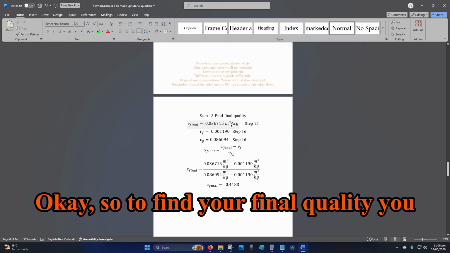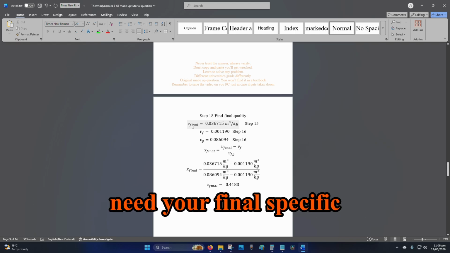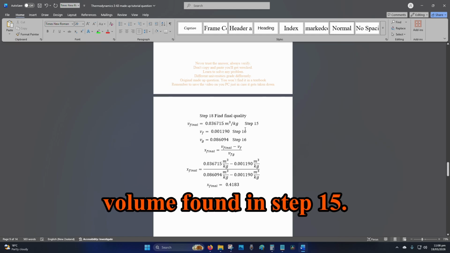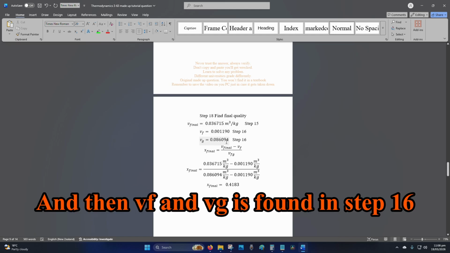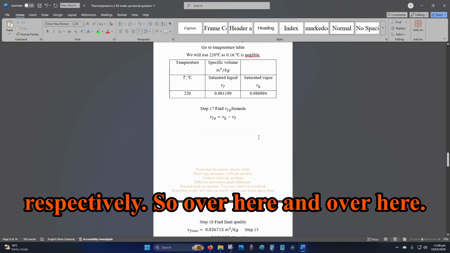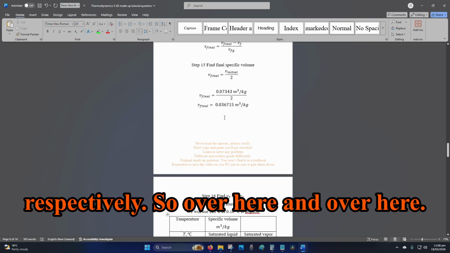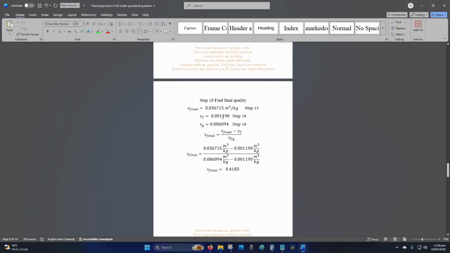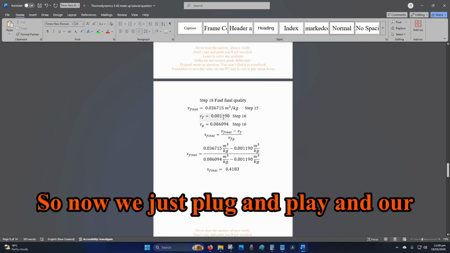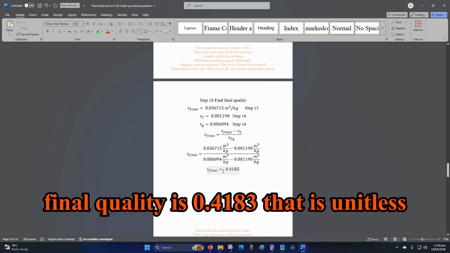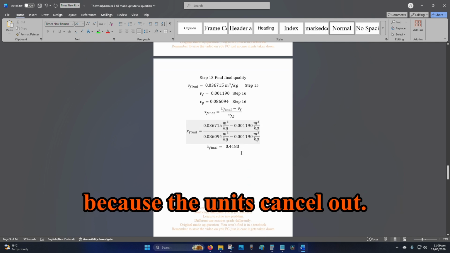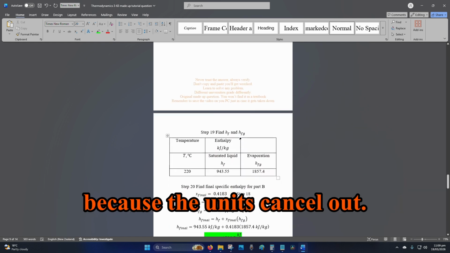Okay, so to find your final quality, you need your final specific volume found in step 15, and then VF and VG is found in step 16 respectively, so over here and over here. So now we just plug and play, and our final quality is 0.4183. That is unitless because the units cancel out.